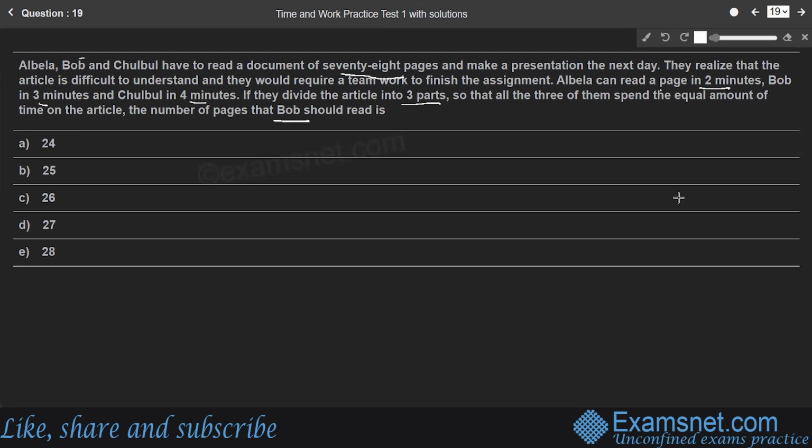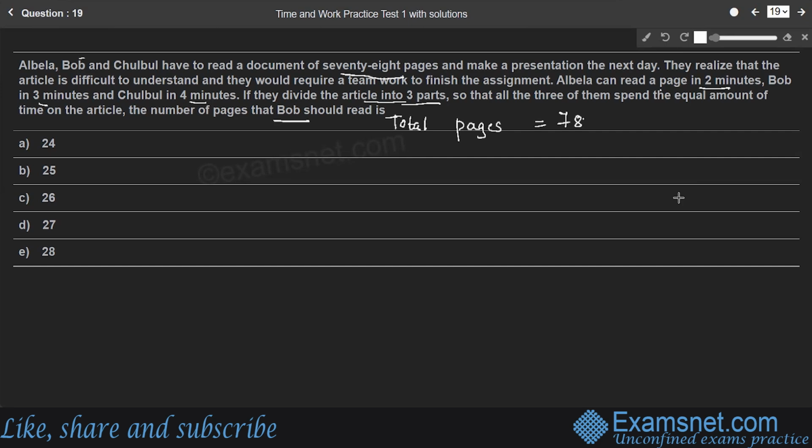So students, all of them together have to read 78 pages, right? Therefore, total pages to read is 78 pages. And they divide the 78 pages into 3 parts, not equally. They divide the article into 3 parts so that they can spend an equal amount of time on the article.